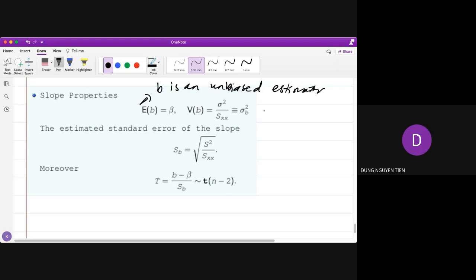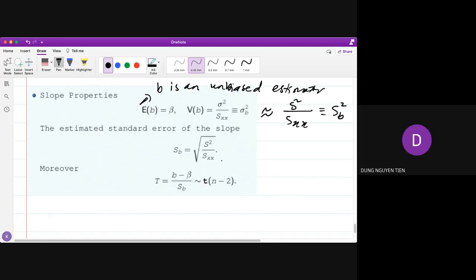From here you can approximate this by s squared divided by Sxx, and this is simply the SB squared, and SB is simply the square root of s squared over the Sxx.